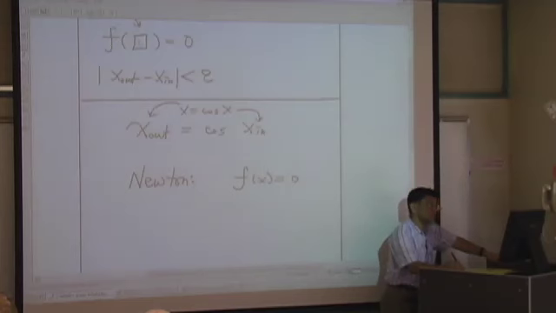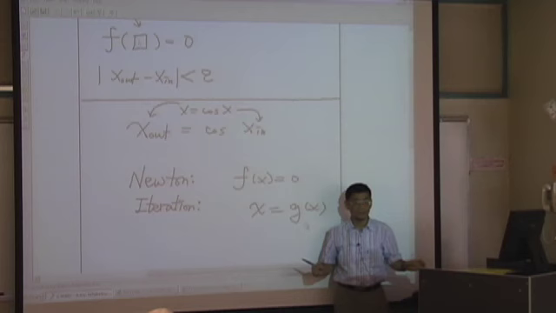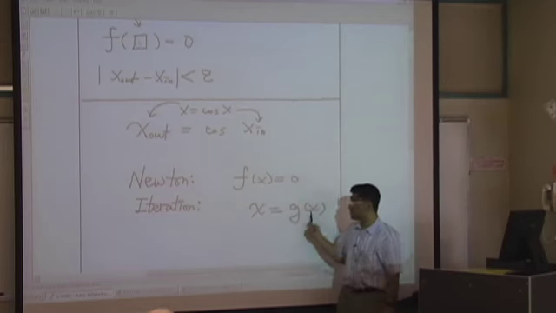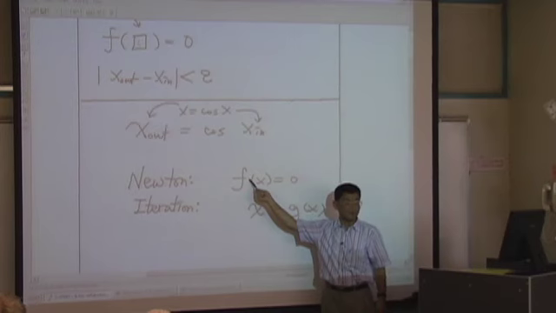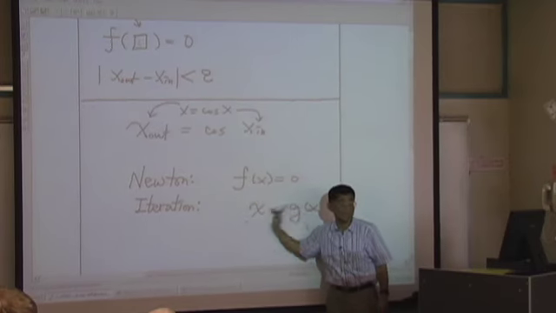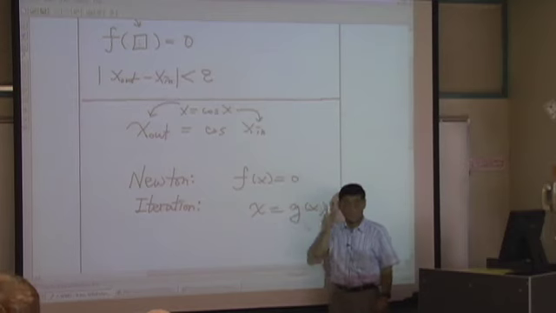For the iteration method, you should write the equation this way. If you want to use Newton's method, you should move this to the left-hand side and derive f. If you want to use the iteration method, you should somehow extract x on the left side and create the g.